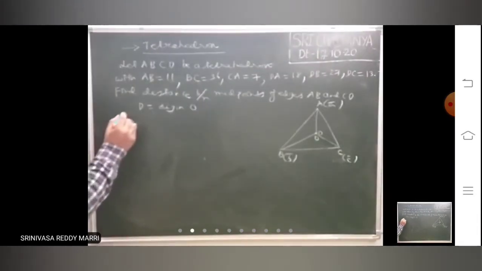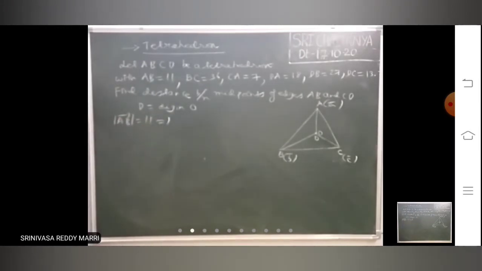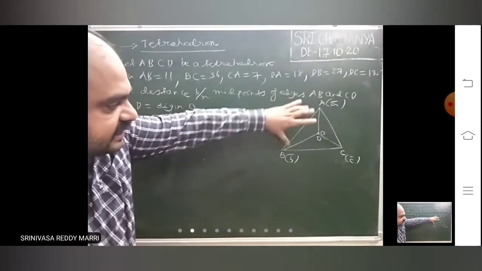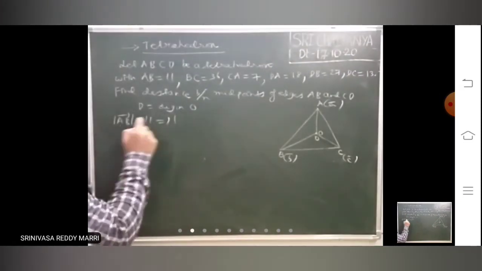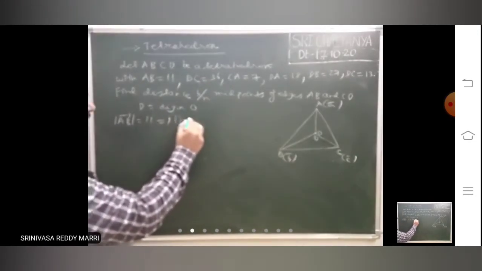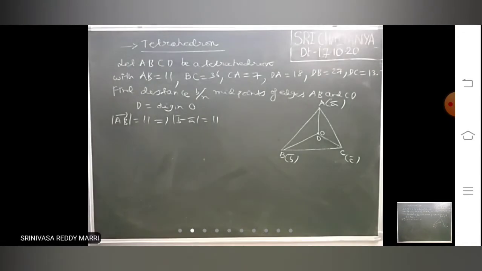AB equal to 11 means modulus AB bar equal to 11. This implies modulus OB bar minus OA bar equals 11.